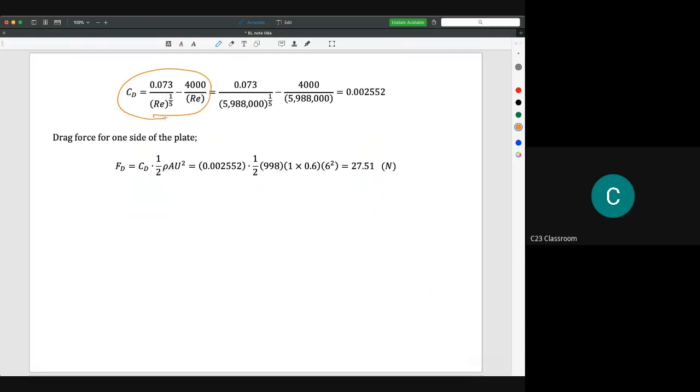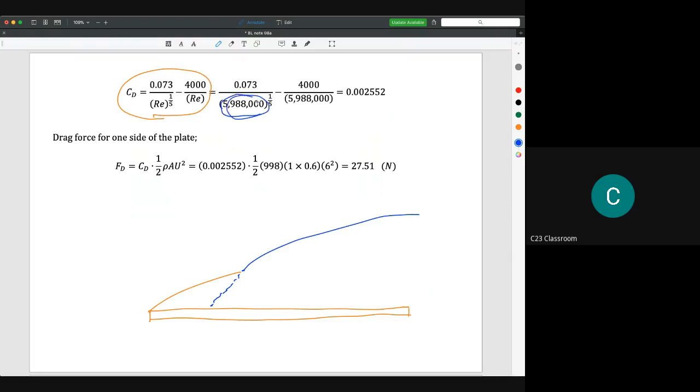So, and then we substitute everything. And again, for drag force here, we are calculating the total drag force that occurs on this plate. So you need to take care of laminar and also the turbulence. So that's why we use the Reynolds number here, the total Reynolds number from here to here, which is 5,988,000.